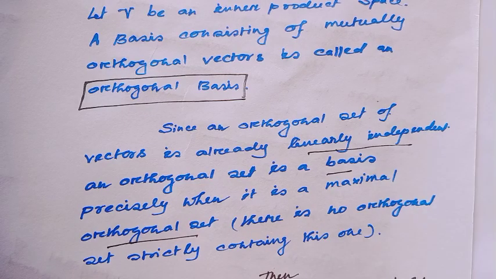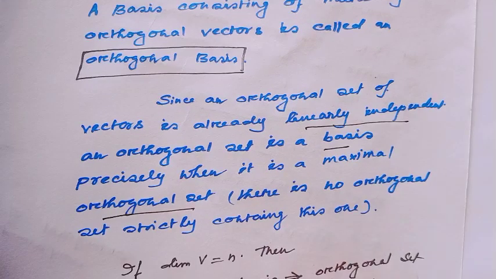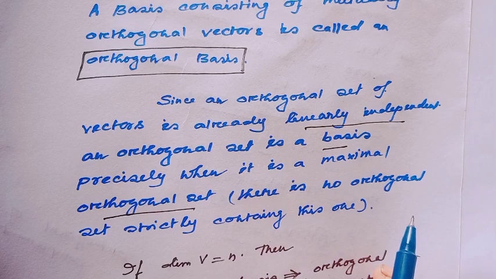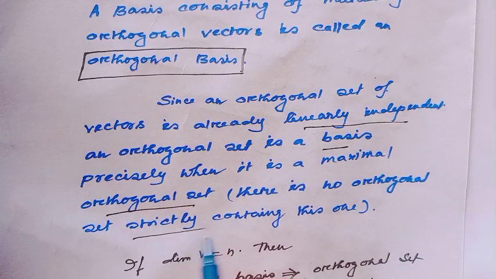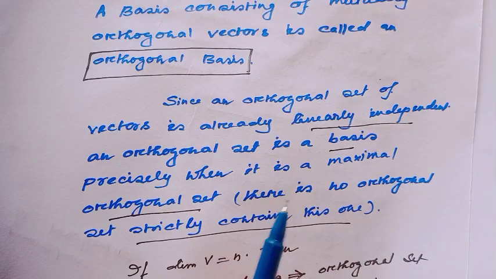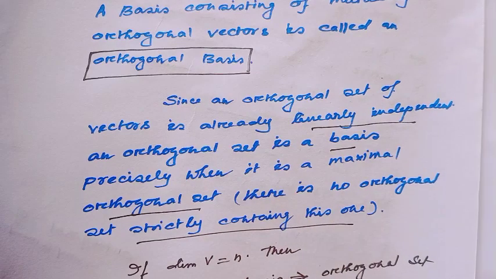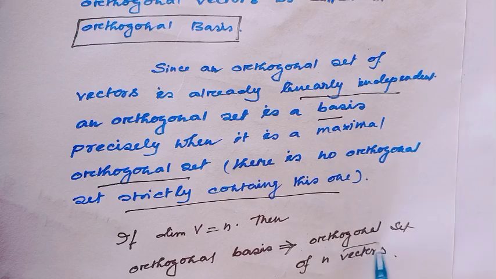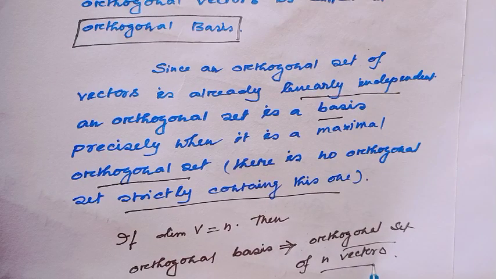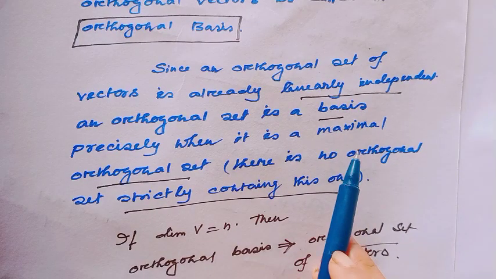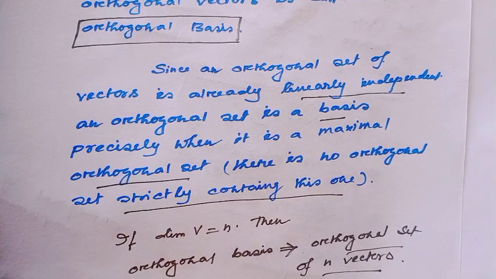That means there is no orthogonal set which strictly contains this one. That means a basis is an orthogonal set of n vectors which is actually the maximal orthogonal set.